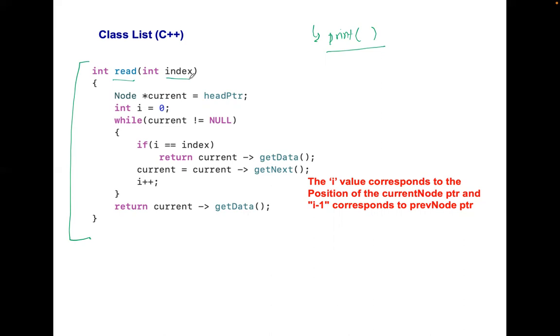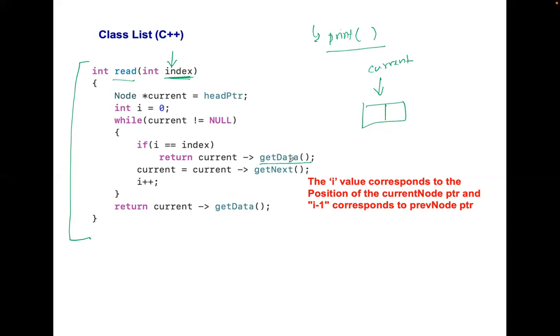Given an index, we have two pointers that traverse the list and stop at the position of the value we want to read. When we reach that point, current points to the index that we want to read.